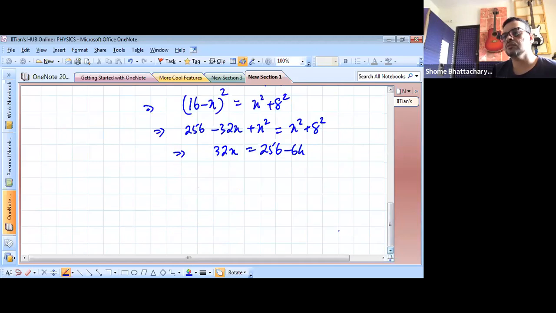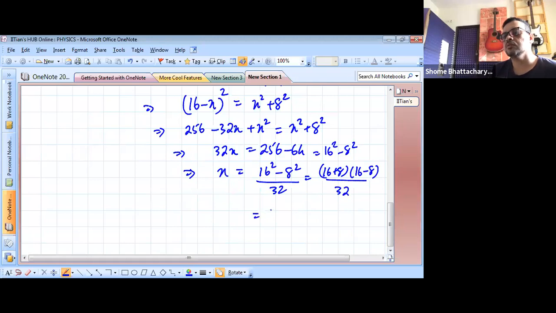We can write this as x is equal to 16 square minus 8 square over 32. It is easier to write this as 16 plus 8 into 16 minus 8, an easier way of solving. So 24 into 8 upon 32, so 4, 6.